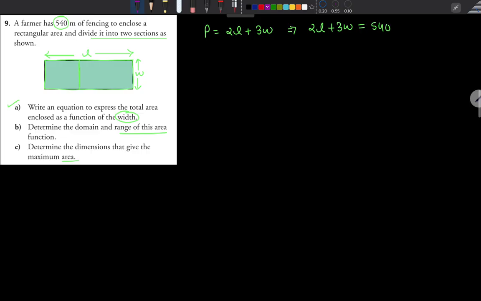And now let's calculate the first part. They are asking for the equation of the total area enclosed as a function of width only.